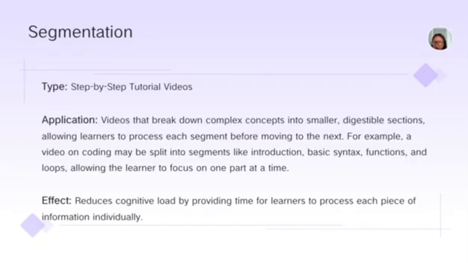By breaking down content into smaller manageable parts, we can help learners process each piece before moving on to the next. For example, according to Tormad, splitting into segments like instruction and loops reduces cognitive overload.